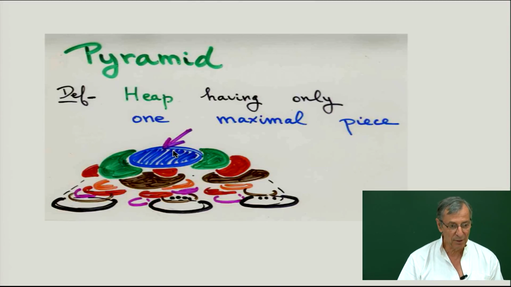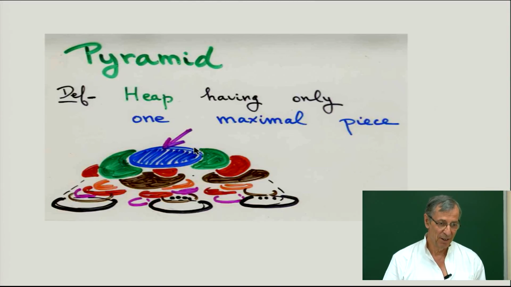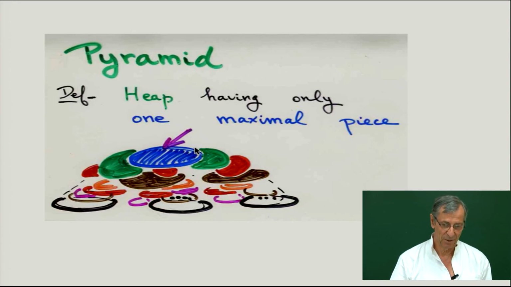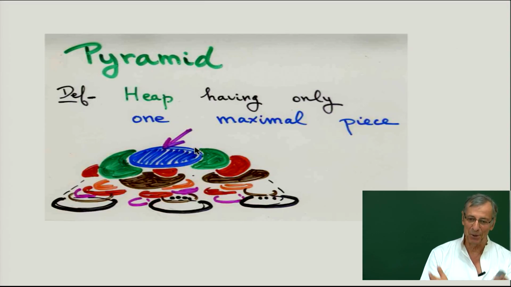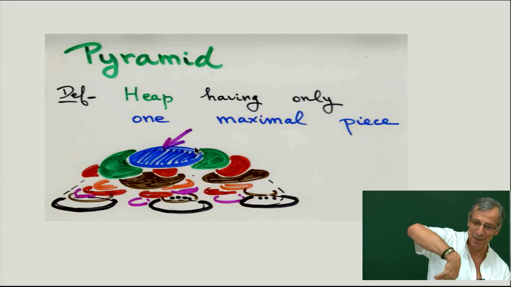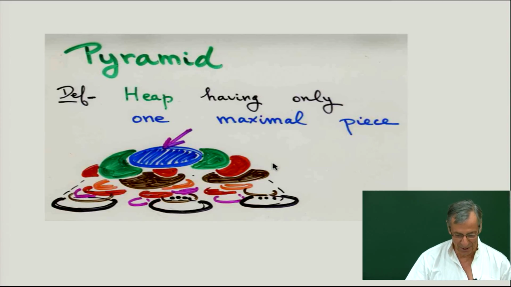So I will call this a pyramid. Pyramid when there is only one maximal letters. If there is only one minimal letters, so all the heaps rely on only one piece, it would be a cone or anti-pyramid. The pyramid is, the head is on the floor.